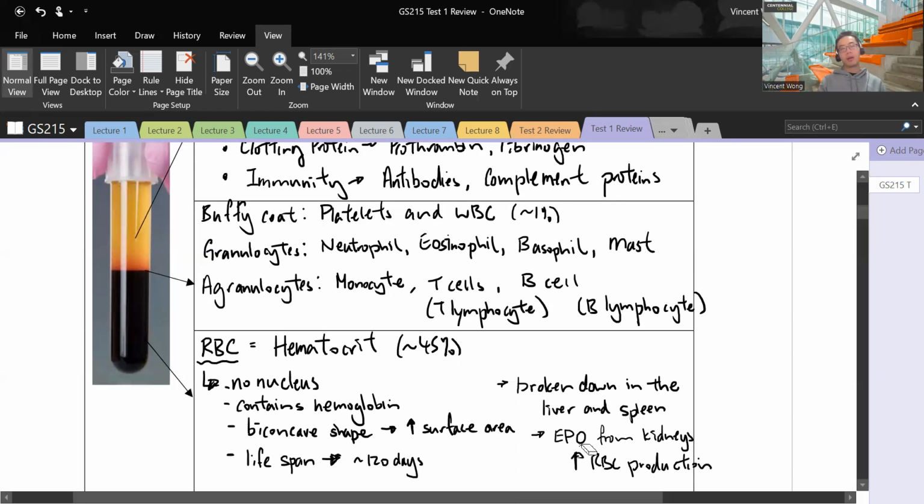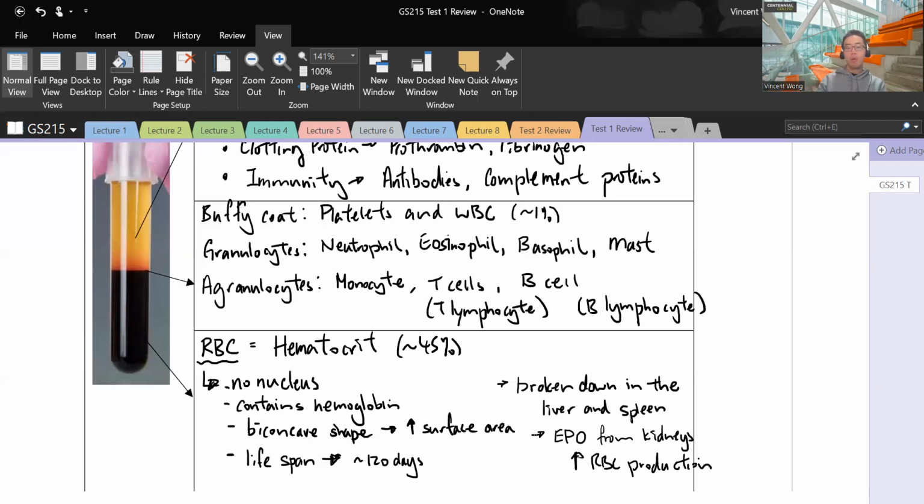We talk about how we can use EPO to treat anemia that is a result of chemotherapy or as a result of dialysis. You can give these patients EPO to boost their RBC production.